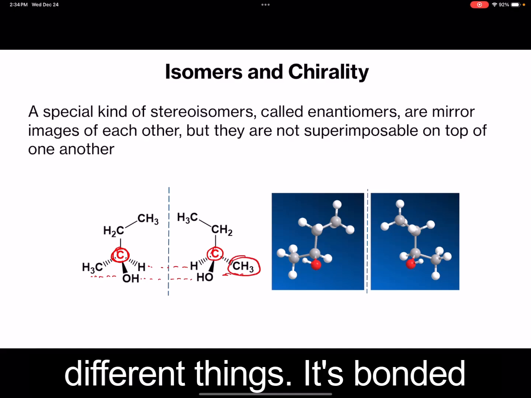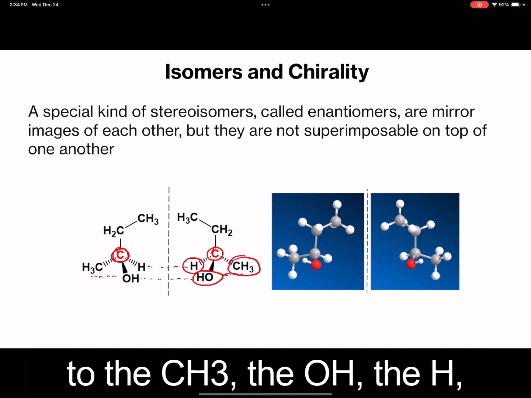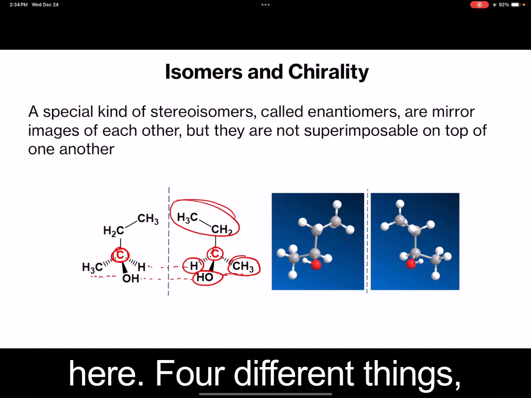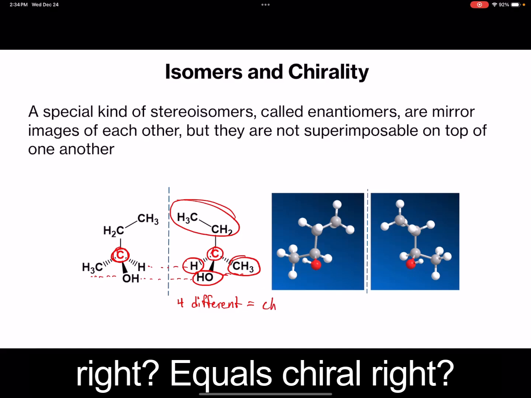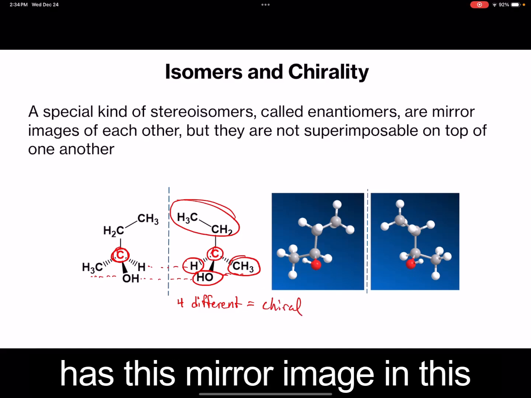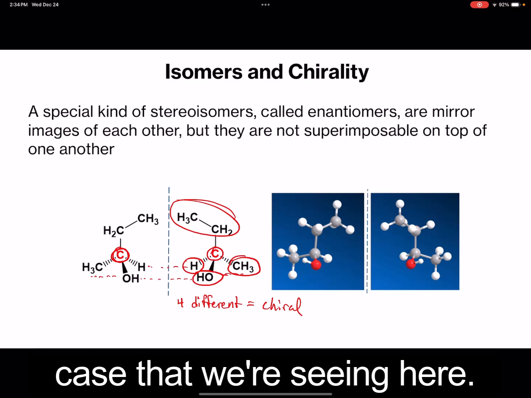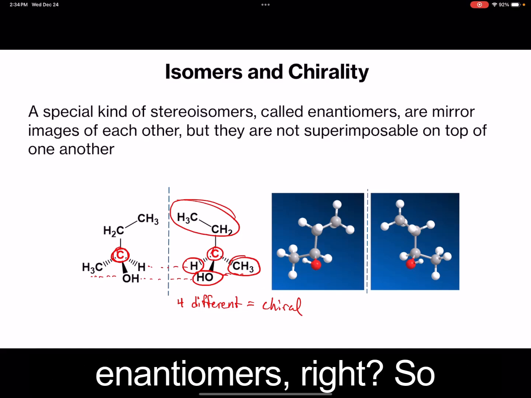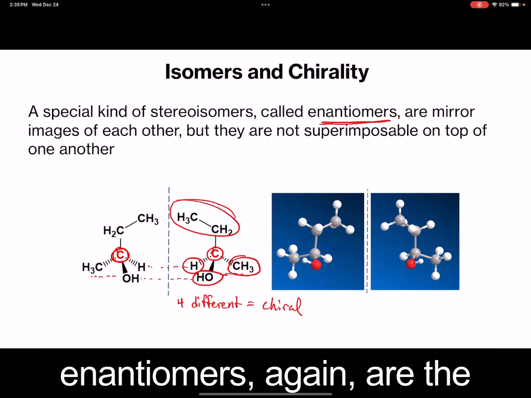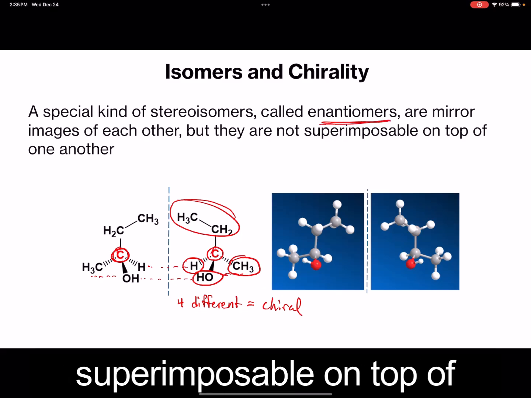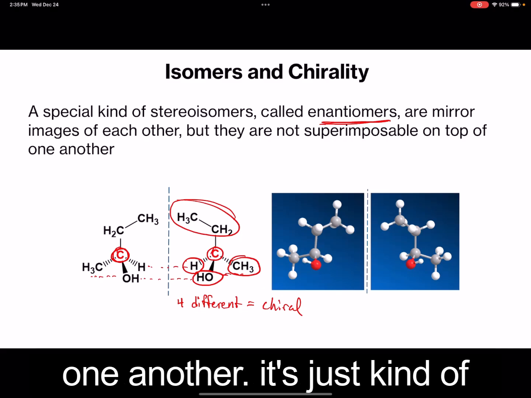It's bonded to the CH, the OH, the H, and the CH2, CH3 group up here. Four different things, right, equals chiral, right? And so this has an isomer. It has this mirror image in this case that we're seeing here. So these guys are called the enantiomers, right? So enantiomers, again, are the mirror images of each other, but they are not superimposable on top of one another.